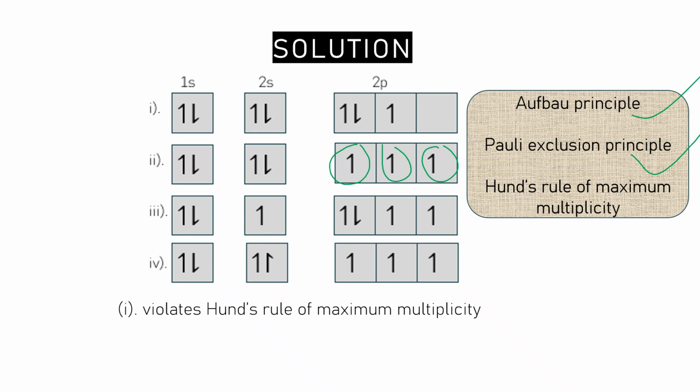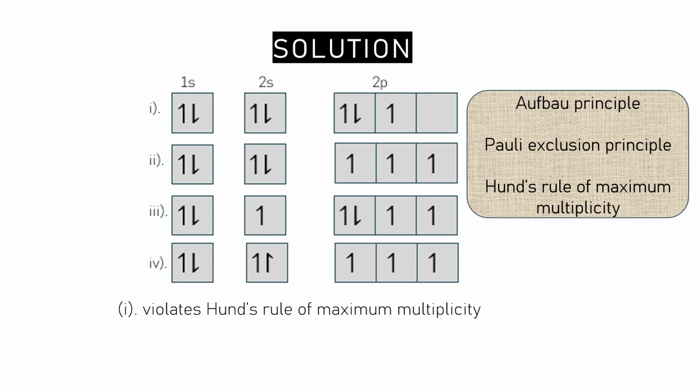Here there are no opposite spins because there are only three electrons going into the 2p orbital, so it will be 2px1, 2py1, 2pz1. So it obeys Hund's rule of maximum multiplicity. Then we can say II is correct. Very good.